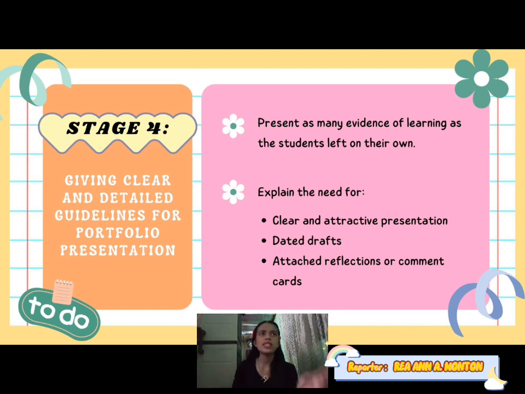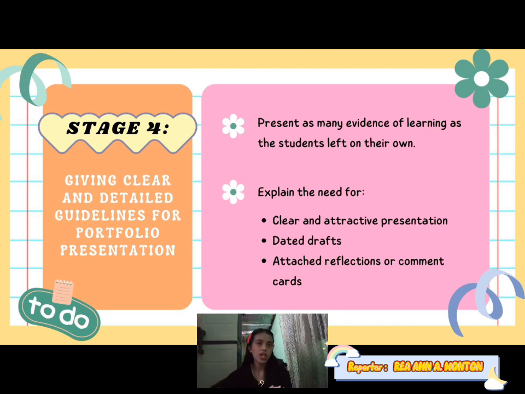Because there is a tendency for students to present as many evidences of learning as they can when left on their own. So the teacher must therefore set clear guidelines and detailed information on how the portfolios will be presented. So always keep in mind that when left to their own devices, students have a desire to offer as many evidences as they can.